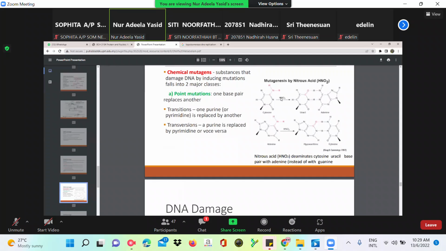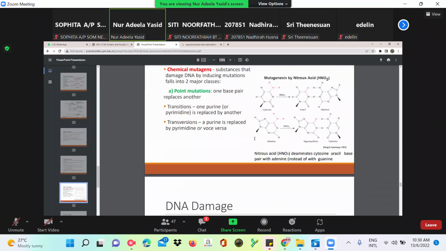When cytosine becomes uracil pairing with adenine, cytosine should have complementary base pairing with guanine. The same goes for adenine, which should pair with thymine, but it is converted into hypoxanthine and pairs with cytosine. So it deaminates cytosine and also adenine.